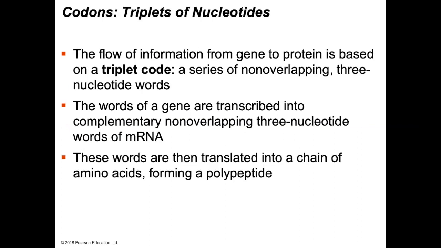For the genetic code, we have what we call codons, which is a triplet code, a series of non-overlapping three-nucleotide words. When we say nucleotide words, these are the nitrogen bases. And the words of a gene are transcribed into complementary non-overlapping three-nucleotide words of mRNA. These words are then translated into a chain of amino acids forming a polypeptide.